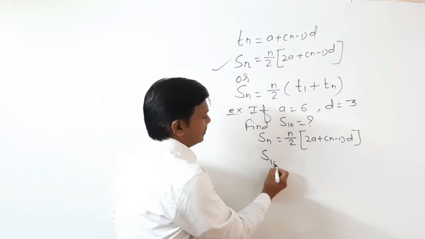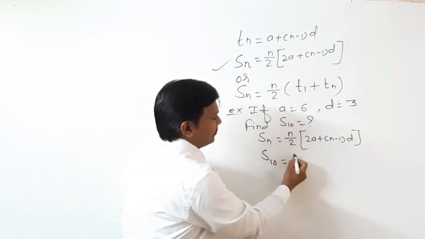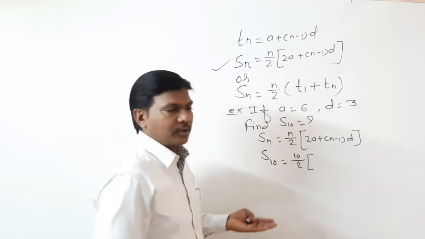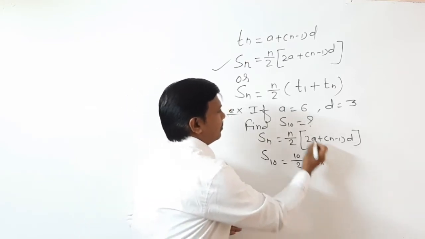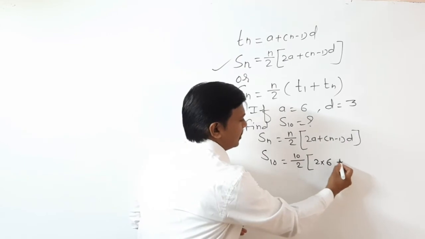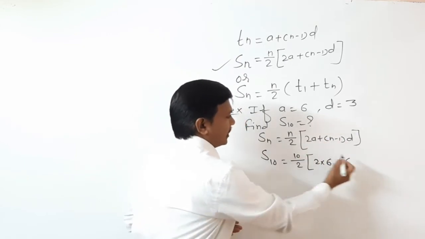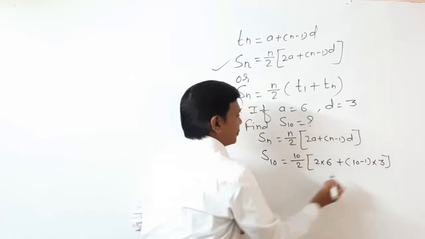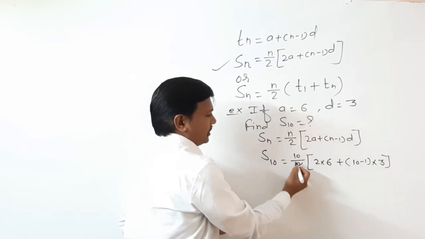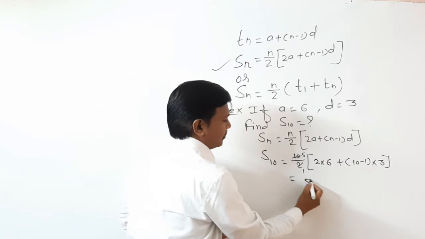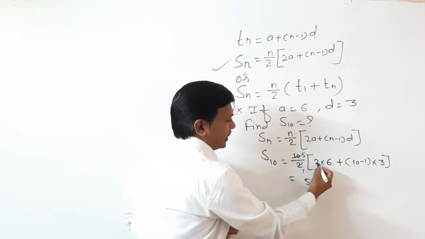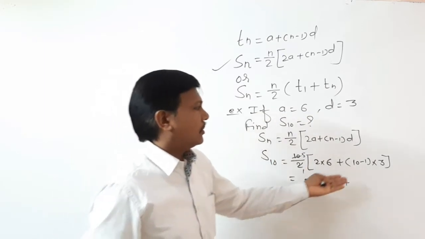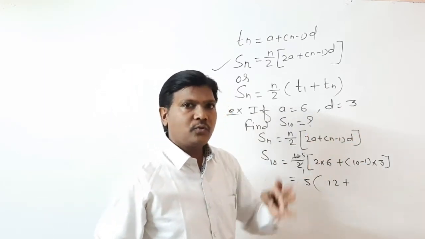So s10 equal to, this n is 10, so 10 upon 2, then 2a means 2 into our first term, that is 6, plus n is 10, so 10 minus 1, into d, that is 3. Two ones are two, and 2 fives are 10, so 5. In the bracket, 2 sixes are 12 plus (10 minus 1) 9 into 3.